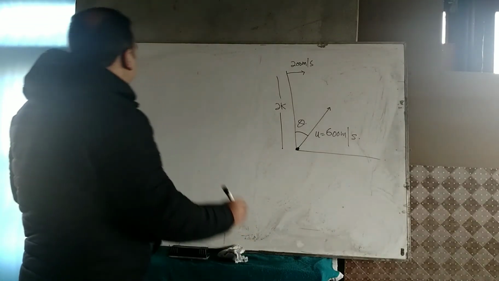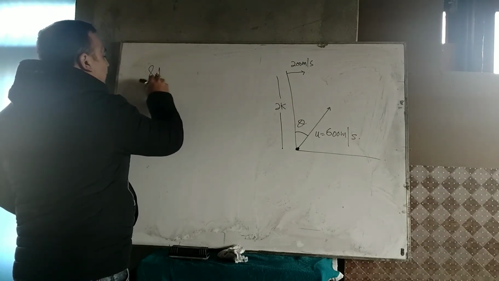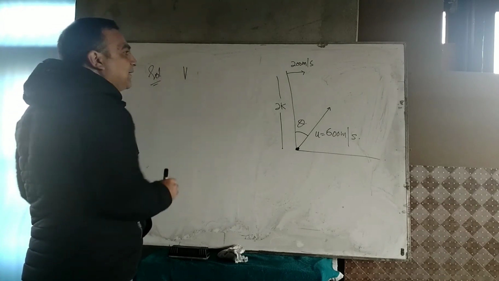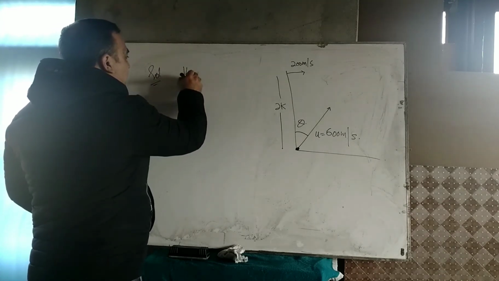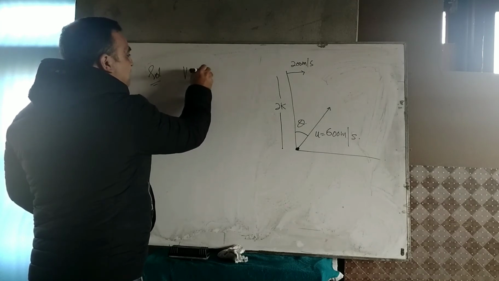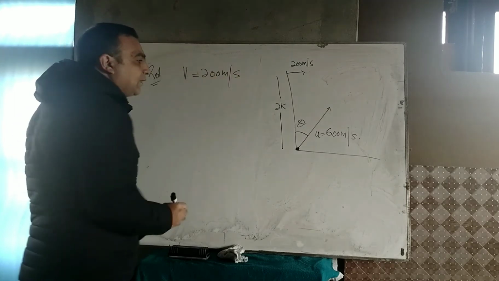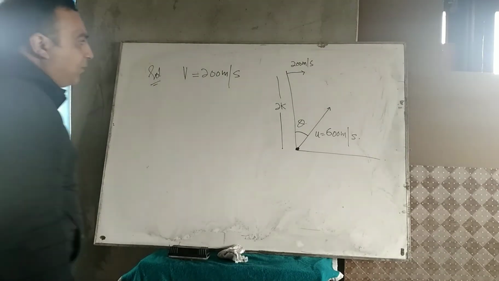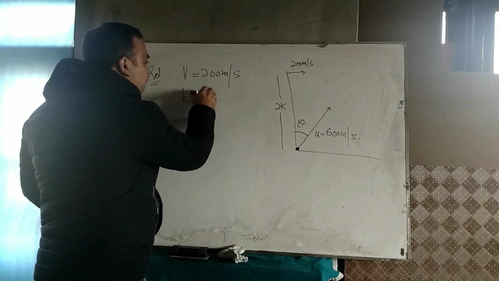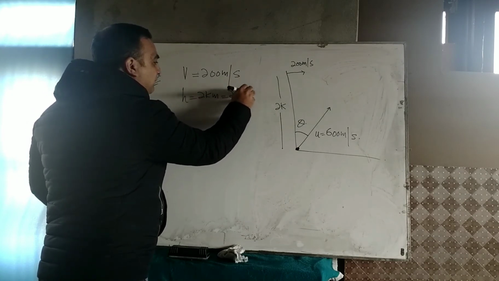So in order to solve this problem, I suppose that V is the speed of this aircraft, and this speed is 200 meters per second. This aircraft is at a height of 2 kilometers, that is 2,000 meters.